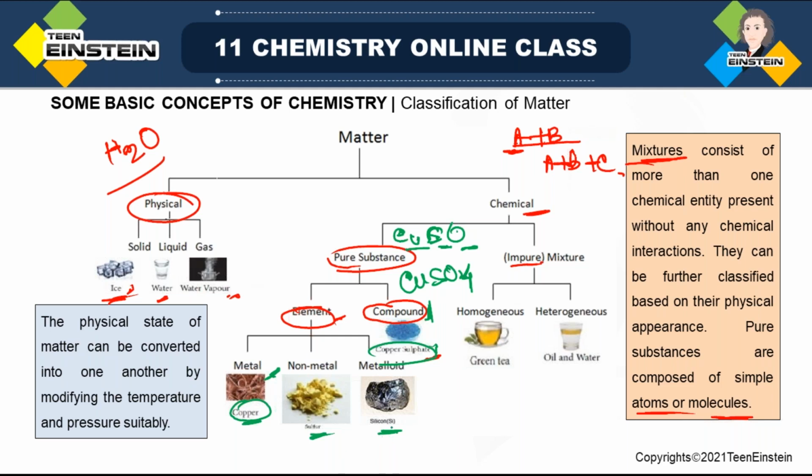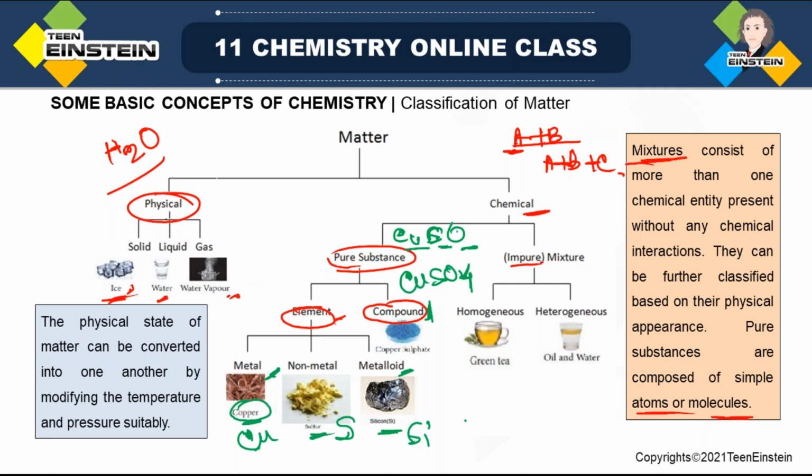Metalloid means having properties in between metal and non-metal, intermediate properties. That is why it is a metalloid, but they are individual elements. This is copper, sulfur, this is silicon. These are the chemical symbols we use for these three elements.